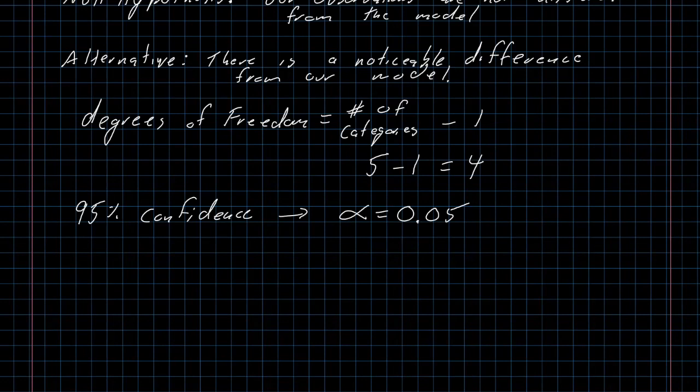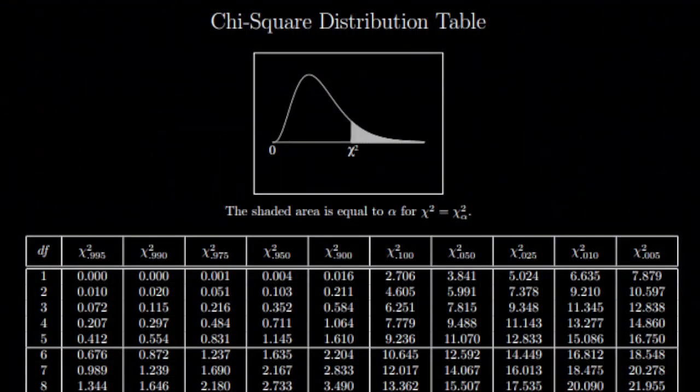And I'm going to use the same confidence level that I have used throughout this video series. Let's look at a 95% confidence. We're not required to do that, but it certainly works. That is an alpha value of 0.05. So if I come back to my chi-square distribution table, I notice where alpha equals 0.05 is this column right here.